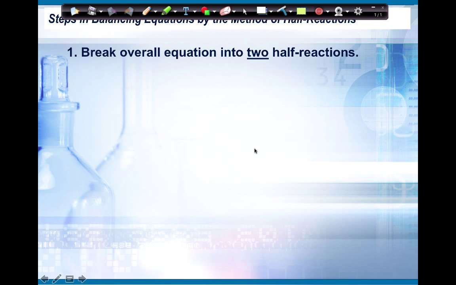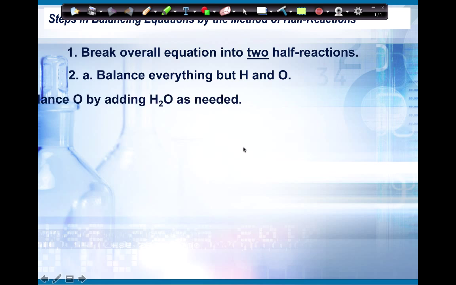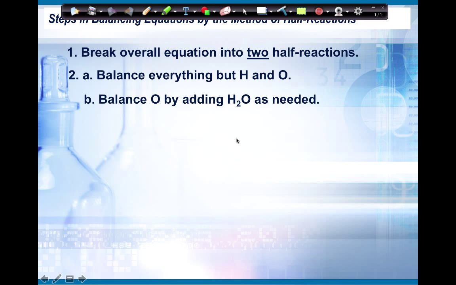All right, so now what do we do if we have oxygen and hydrogen? So you should remember this from earlier this year, but I'm going to review it because I know it's been a while. So the first thing you do, break it into 2 half reactions. Then you're going to balance everything but the H and O. So make sure the number of atoms are equal except for hydrogen and oxygen. Then you're going to balance the O's by adding water.